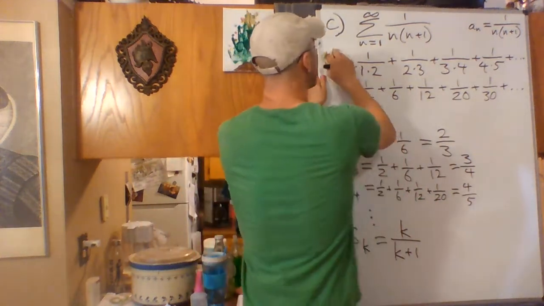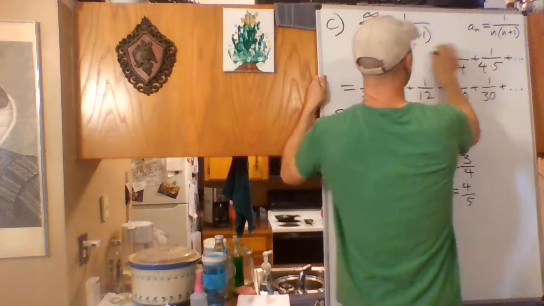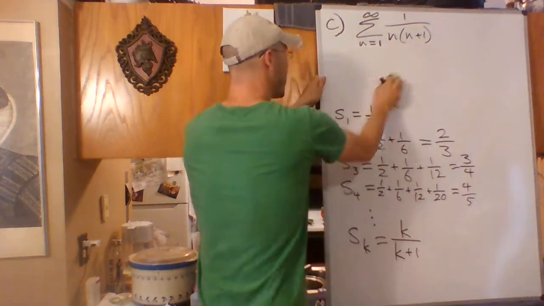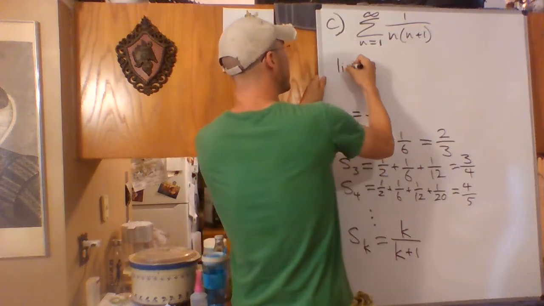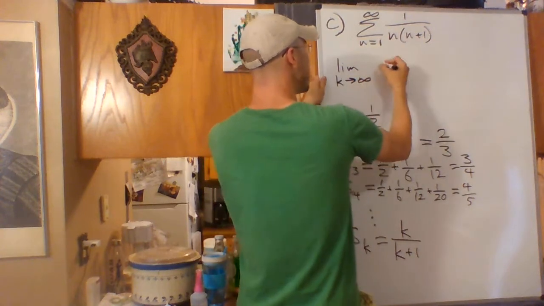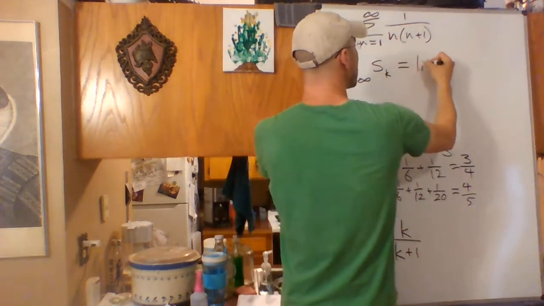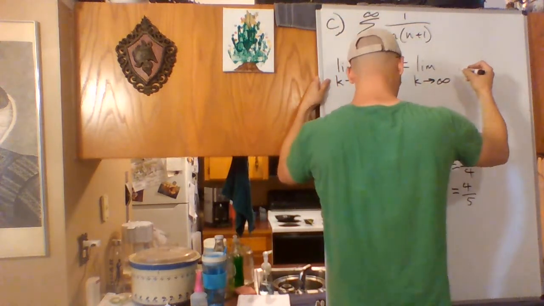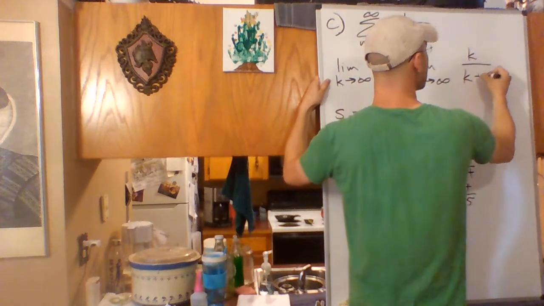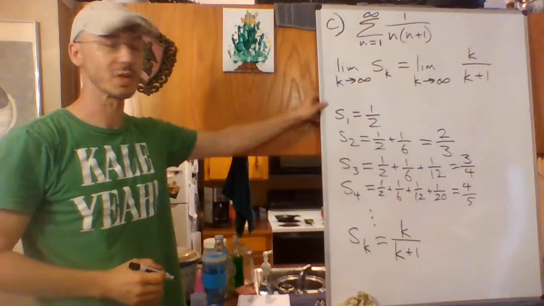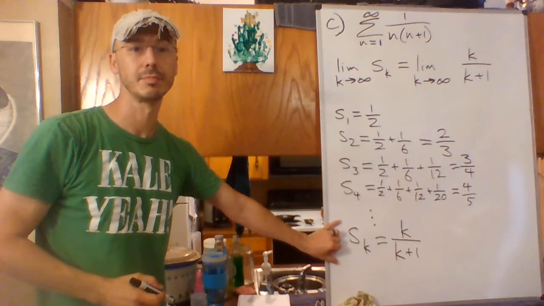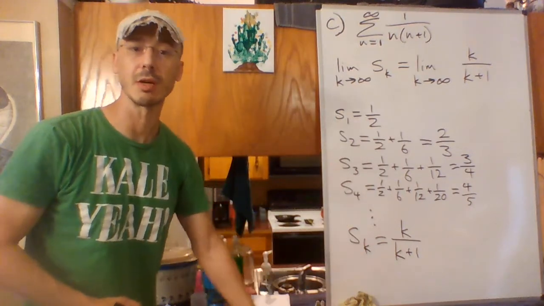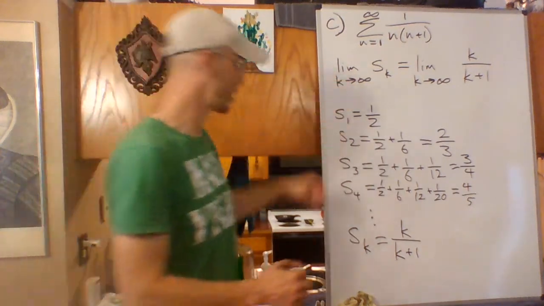Next, let me keep that on there and just look at the limit as k goes to infinity of s_k. That's the limit as k goes to infinity of k over k plus 1. So I found a formula for the kth partial sum, s_k. Now I'm going to look at the limit of that formula, larger and larger partial sums.